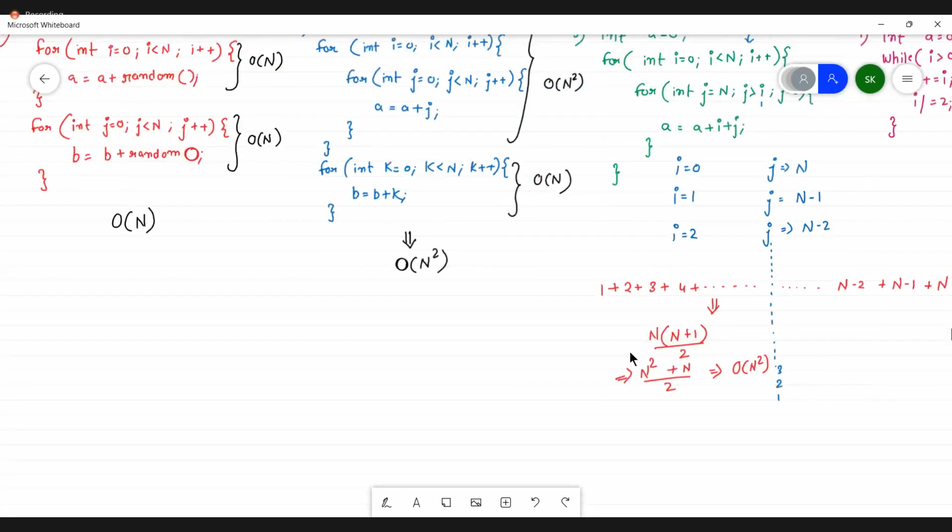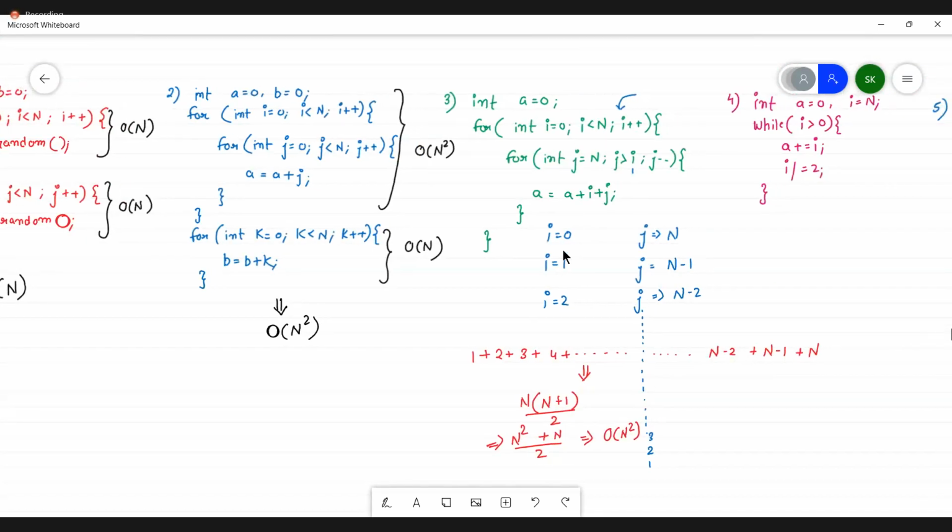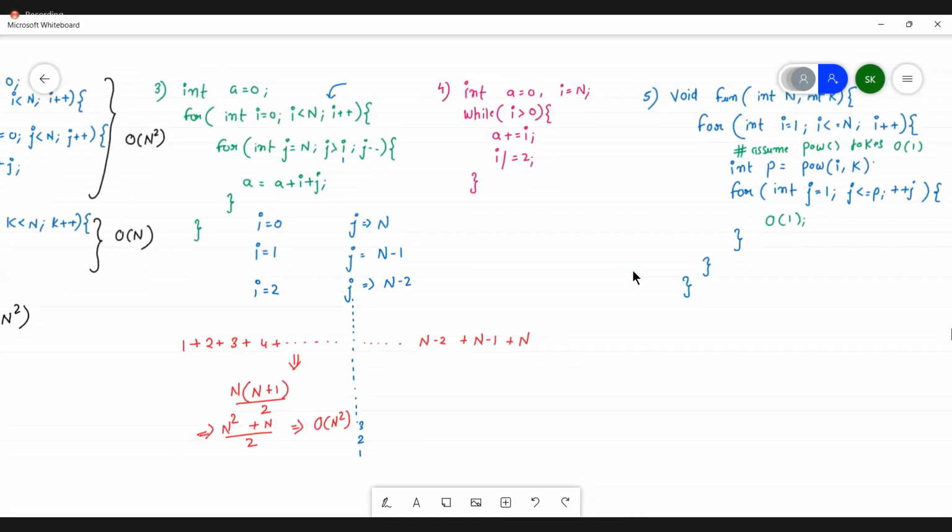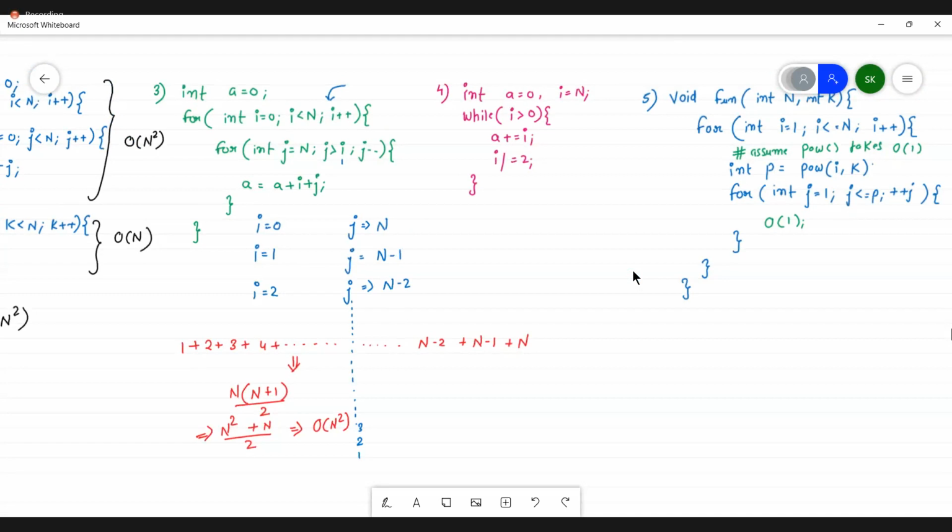Okay, so we did it up to third. What is the answer for the fourth? Yes, can anyone tell me what is the answer for the fourth one?